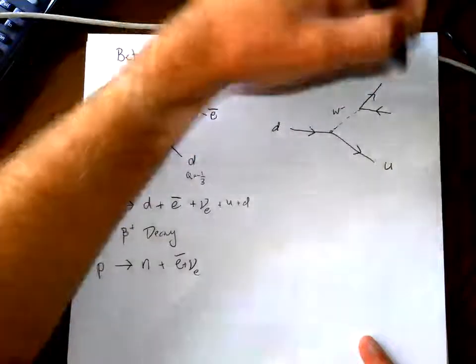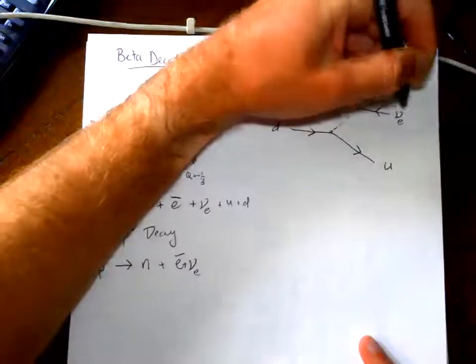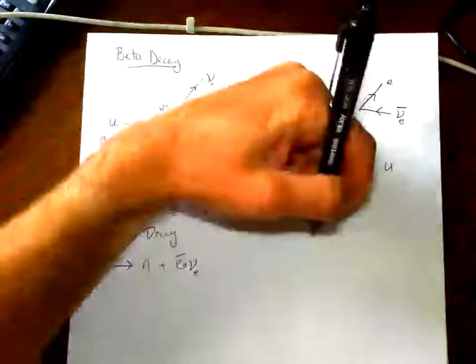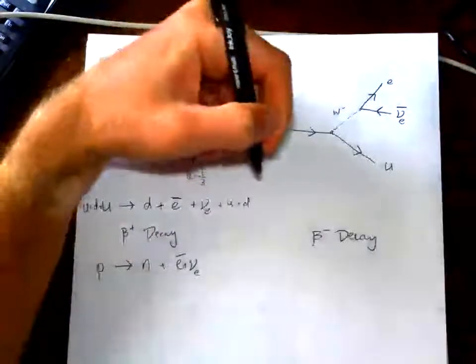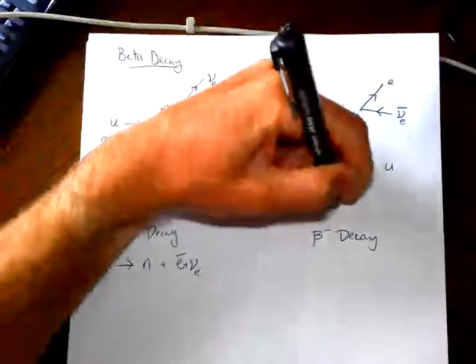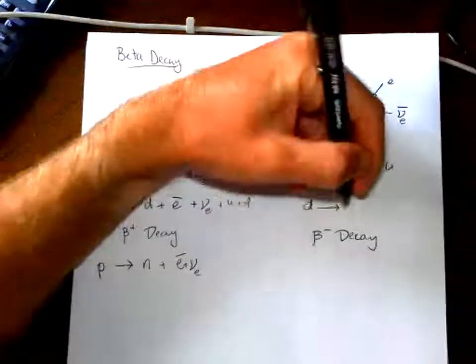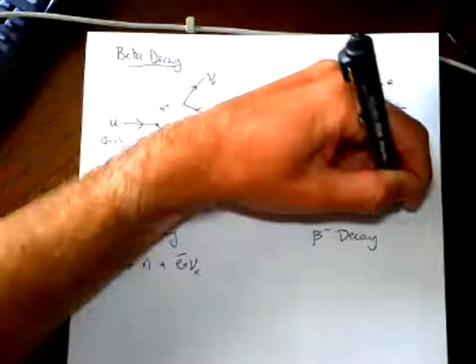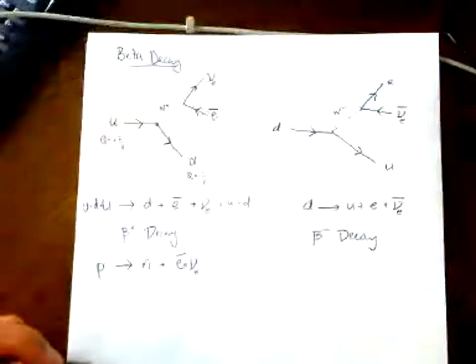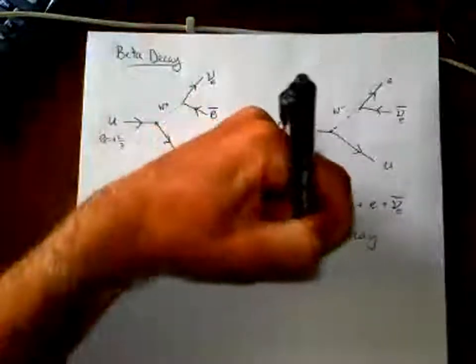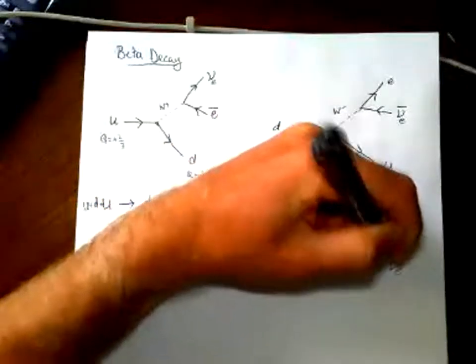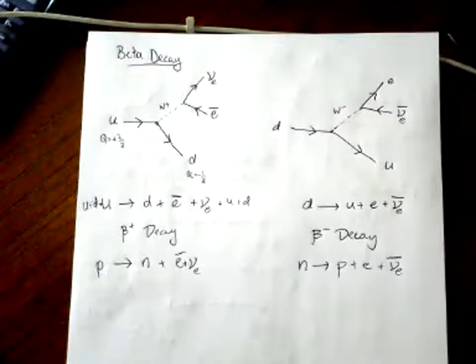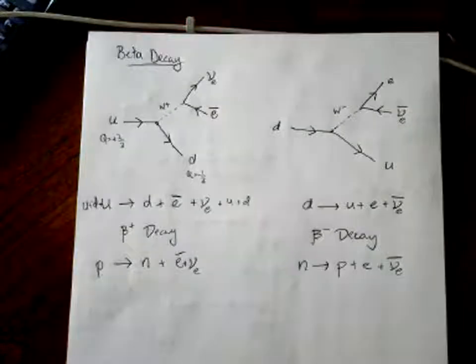And then this would be an electron and an anti-electron neutrino. So beta minus decay: a down quark becomes an up plus an electron plus an anti-electron neutrino. So this has the effect of changing a neutron into a proton. Okay. So beta plus and beta minus decay.